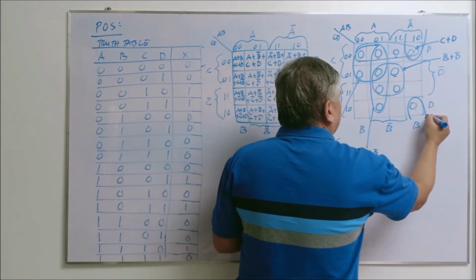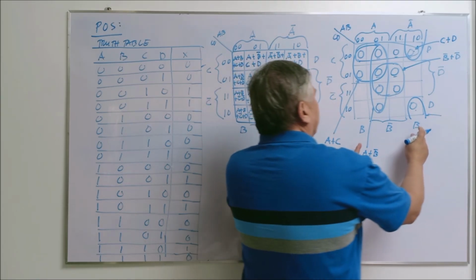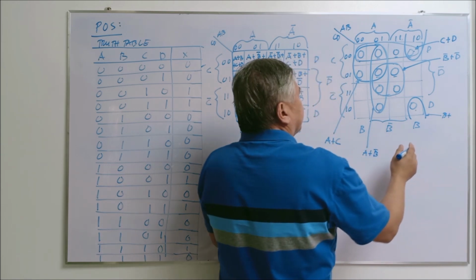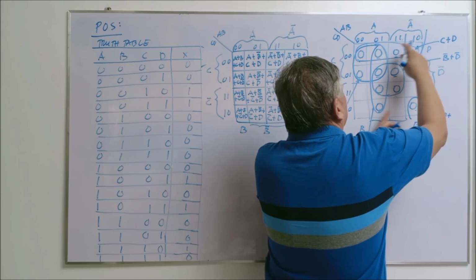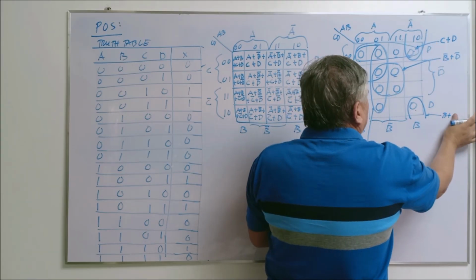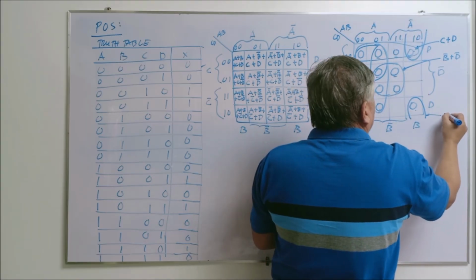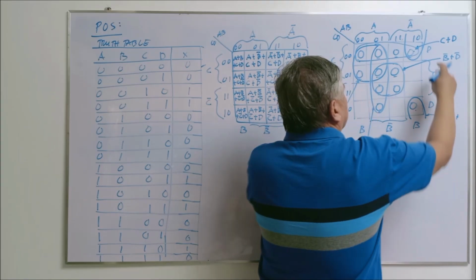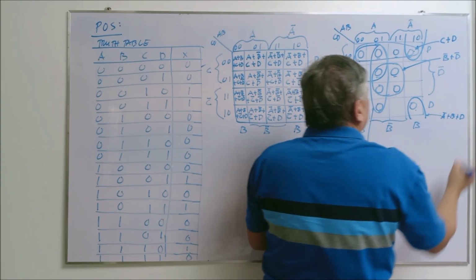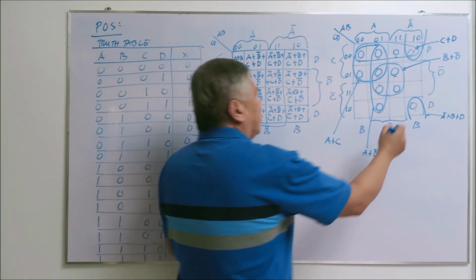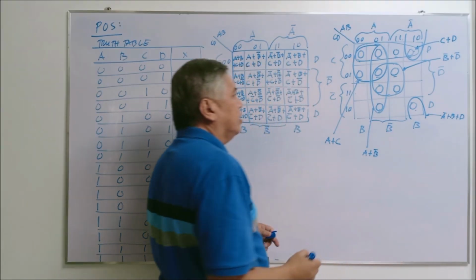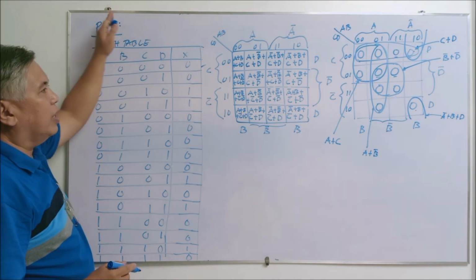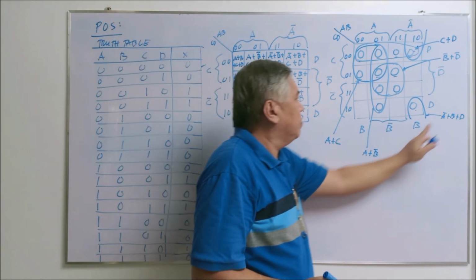And then this one here is under A bar plus B plus D. Okay? So that's the intersection of this particular group of cells. So the final equation will be, again, this is a product of sums expression. So these are sum terms.